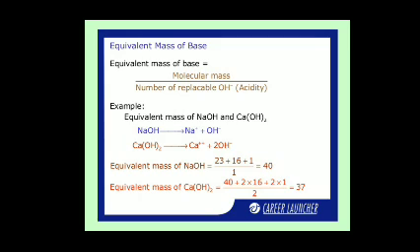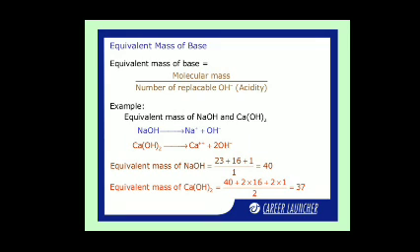Sodium hydroxide replaces only one OH, so acidity of NaOH is 1. Gram molecular weight of NaOH 40 by 1, that is equal to 40. In case of calcium hydroxide, it replaces 2 OH minus ions, so acidity of calcium hydroxide is 2.